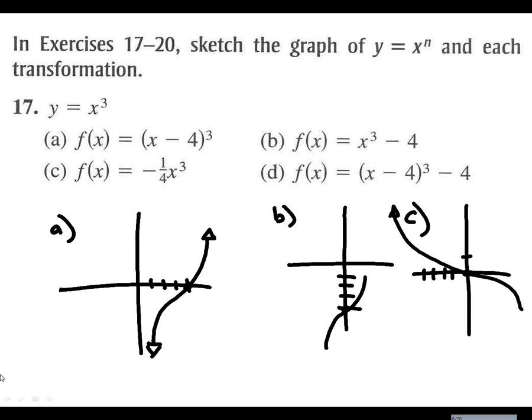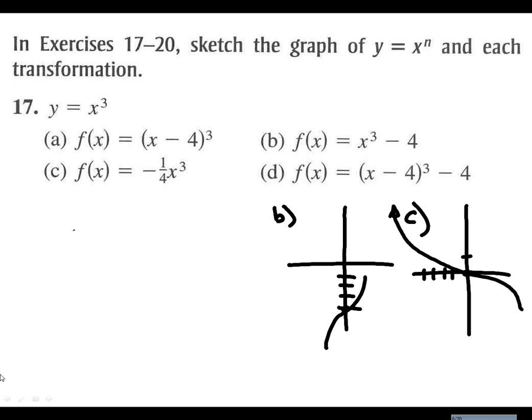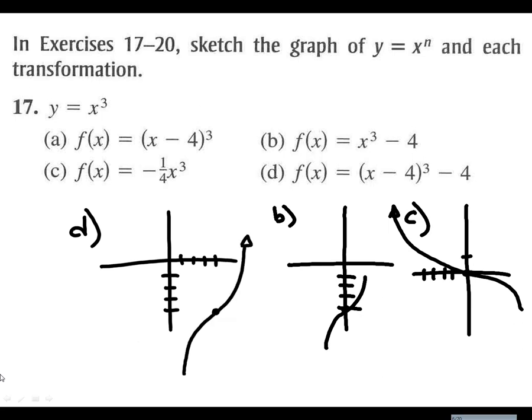And let me erase A here so I can put up D. And for D, we need to shift first, down 4, right 4. This is the new origin. It's shifted over, and it's just a simple parabola. I'm sorry, not a parabola, an x cubed function that goes through the point 4, -4.